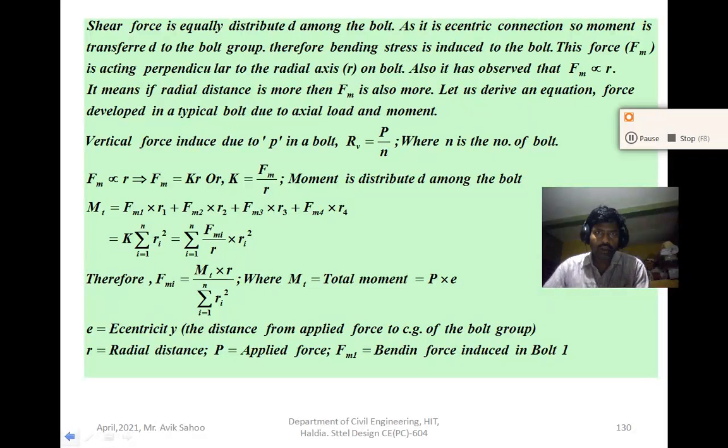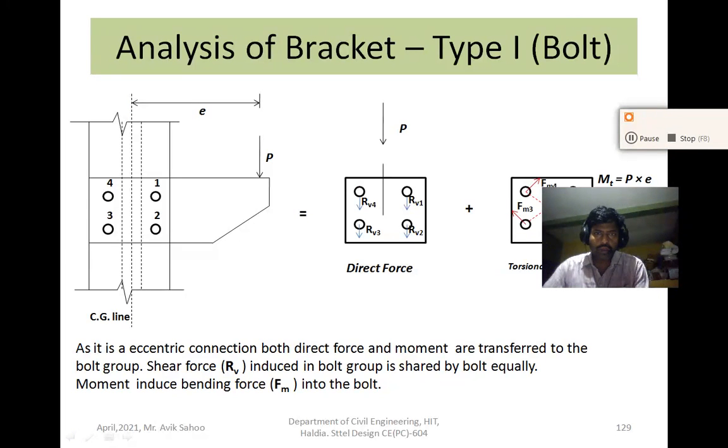You see the figure. Here this force is equally distributed among the bolts.